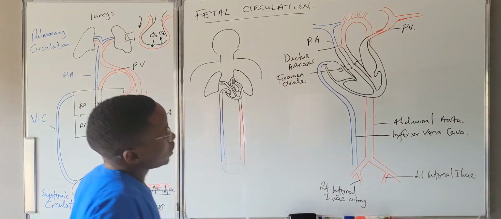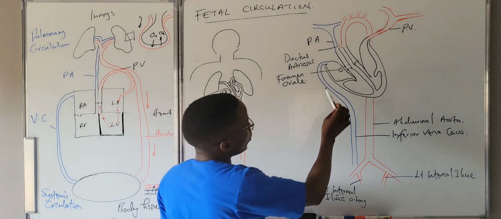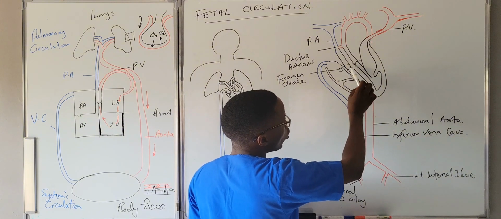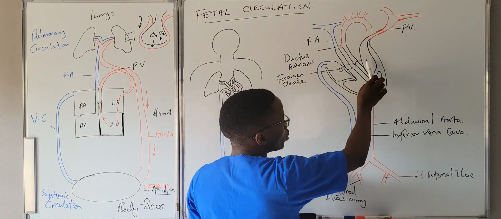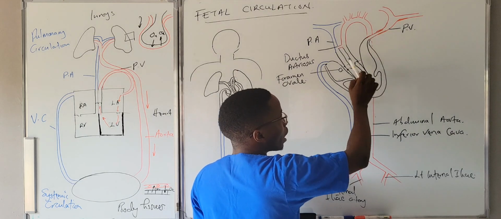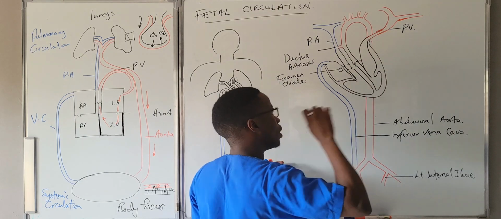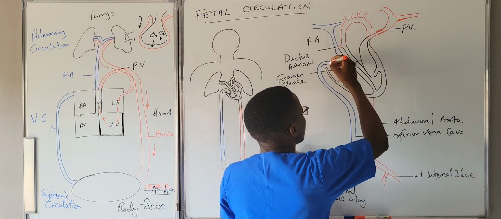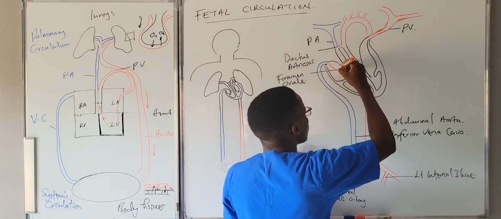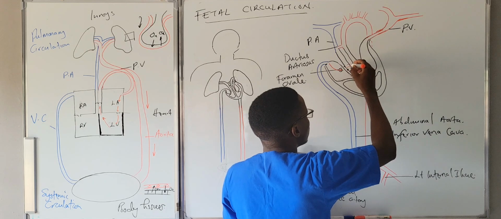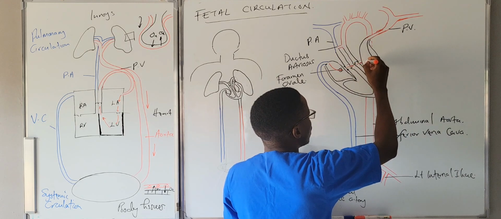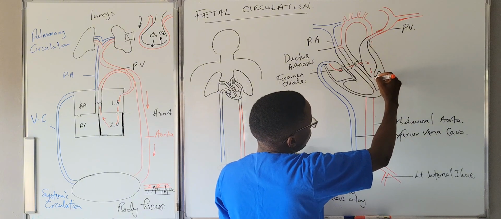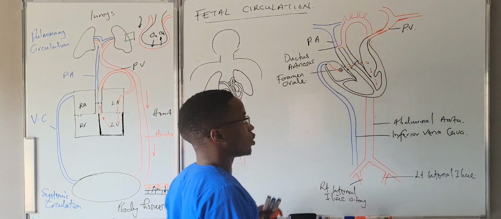Now we see that blood is coming in here, and some of it is going to shunt into the left atrium. Let me try to represent it this way. Some of the blood goes like that and mixes with the blood coming this way, and then comes into the left ventricle.